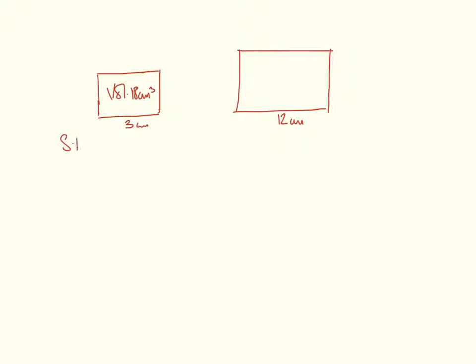So my scale factor, I will take my bigger shape divided by my smaller shape, and I realize that it's increased by 4. So it means that this shape is 4 times the size of that shape.